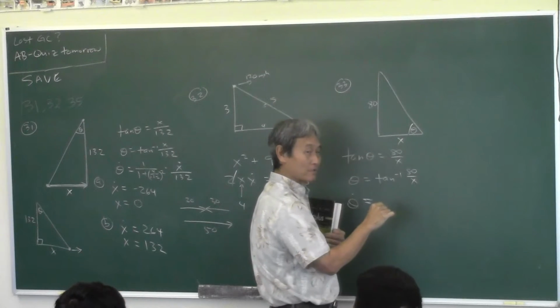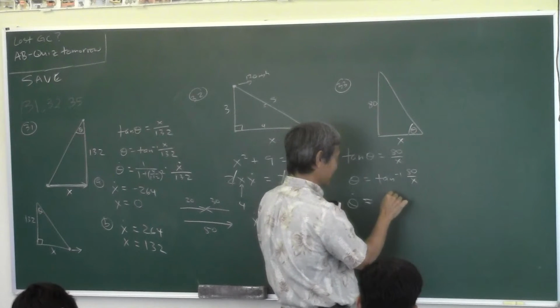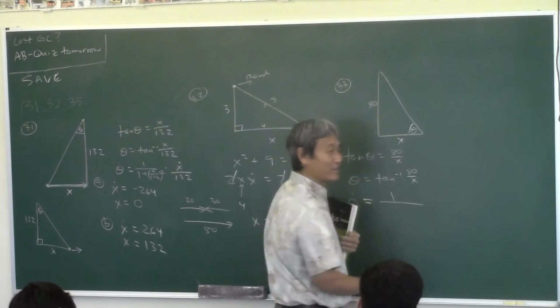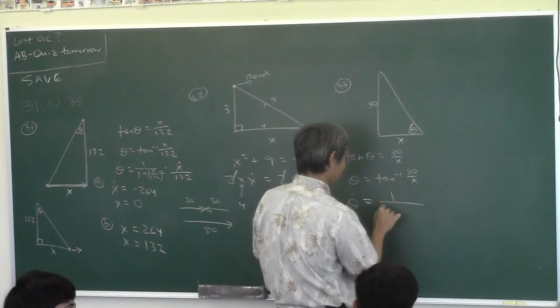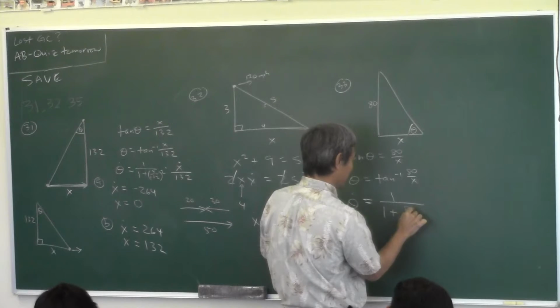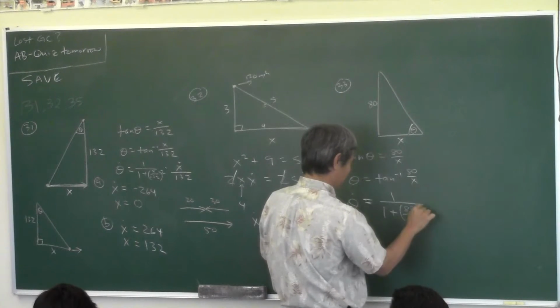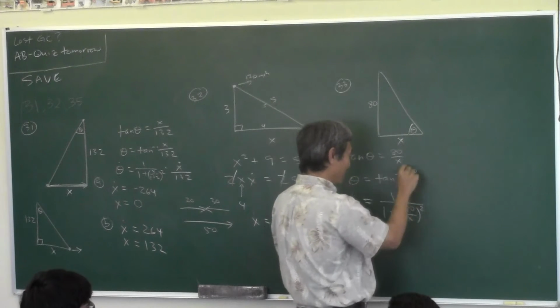Tan inverse of the box, so 1 over 1 plus x squared, times the derivative of the box. What is the derivative of the box?